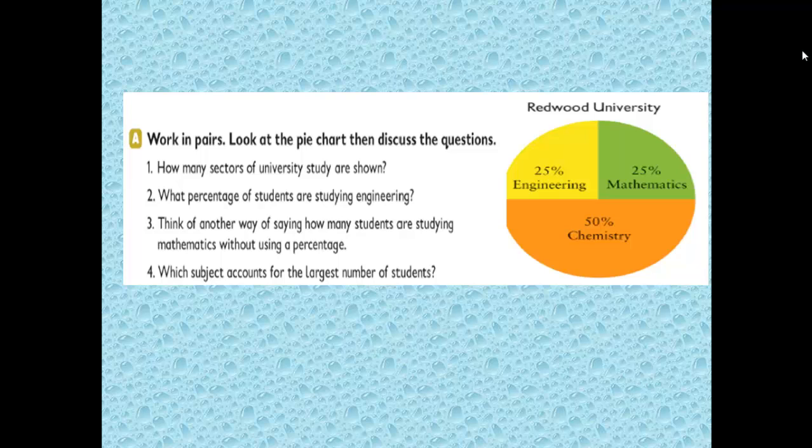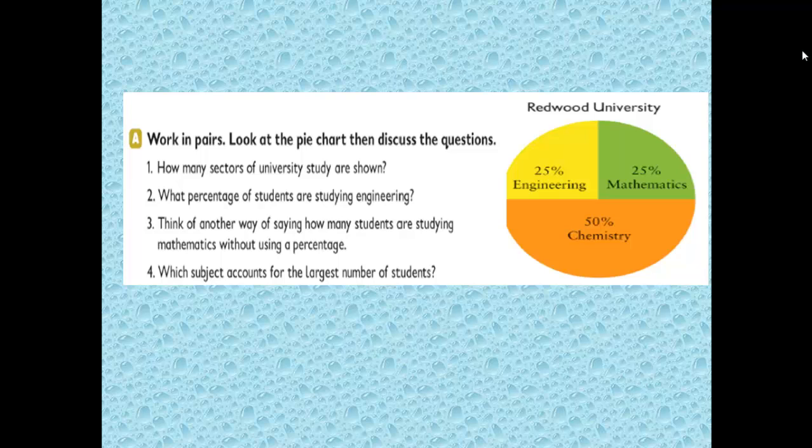On the top of the chart we have Redwood University, and inside it we have 25% engineering, 25% mathematics, and 50% chemistry. We have 3 statistics. The first one is engineering, the second mathematics, and the third one chemistry.